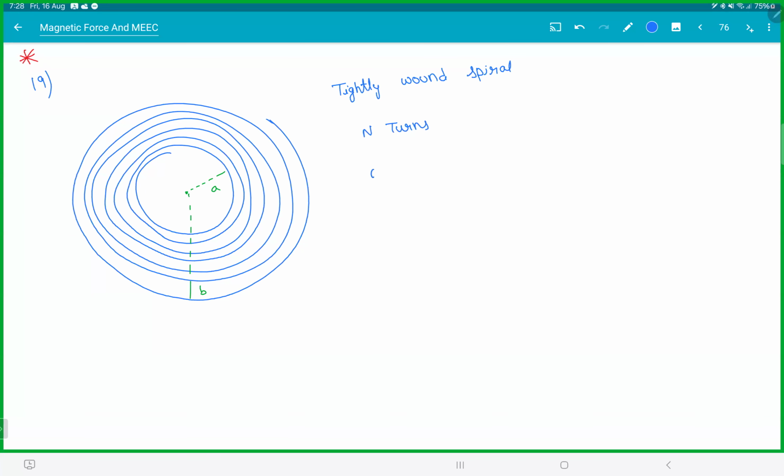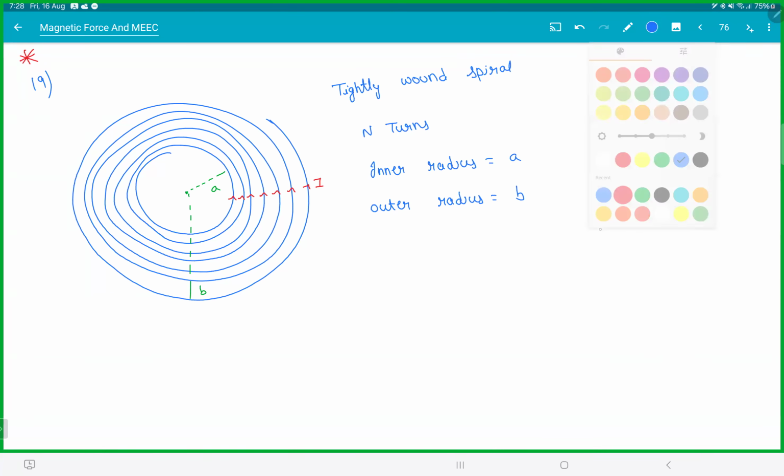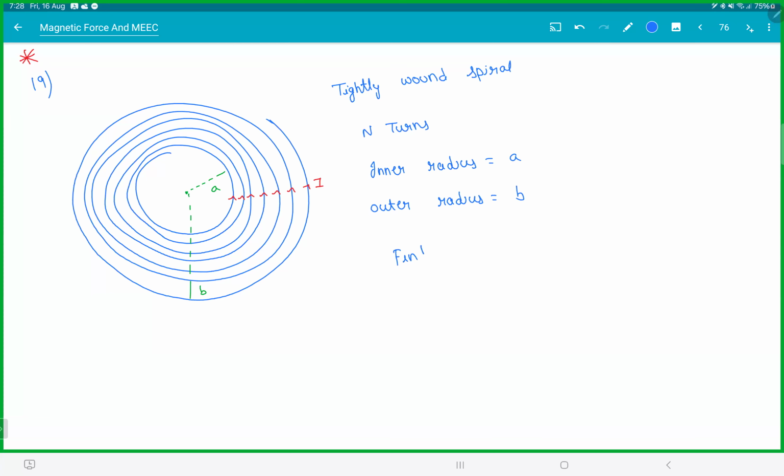N turns where inner radius is A and outer radius is B, and current I is flowing through them. Find the magnetic moment of the spiral.